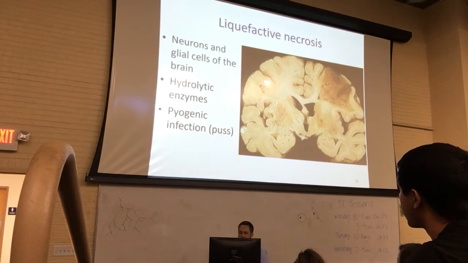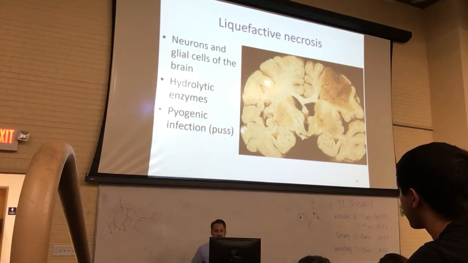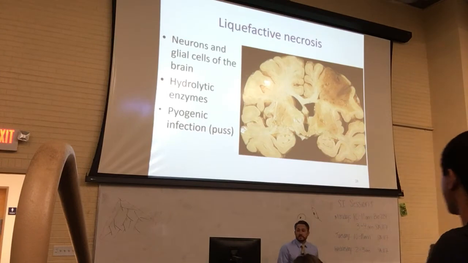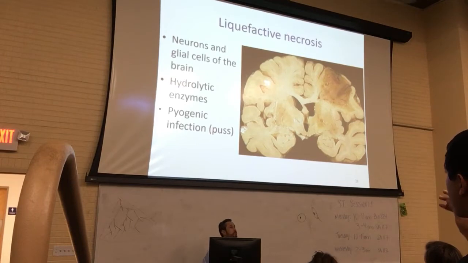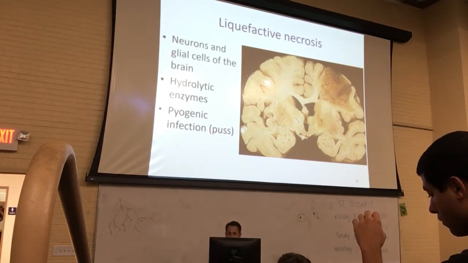In some cases, you might actually see pus if there's a pyogenic bacterial infection, but not always is that the case. Characteristics: it's irregular. It's not delineated like you saw with coagulative.